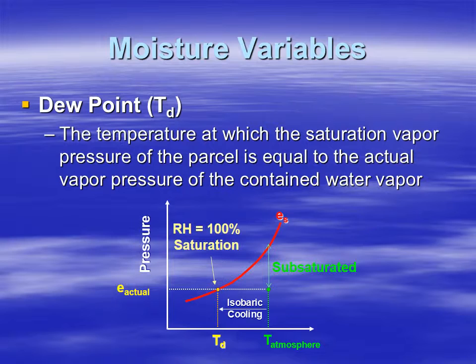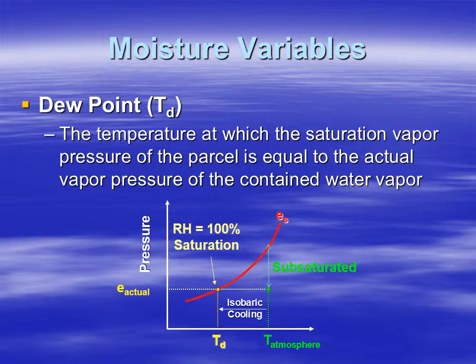So you can see that we're subsaturated. If we want to reach saturation, what we'll do is reduce the temperature while holding the water vapor pressure, or the actual amount of water vapor in the air, constant. Reducing the temperature, we call that isobaric cooling, because the pressure of the water vapor is not changing.